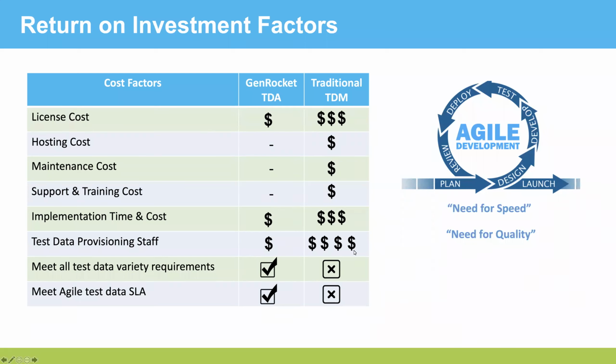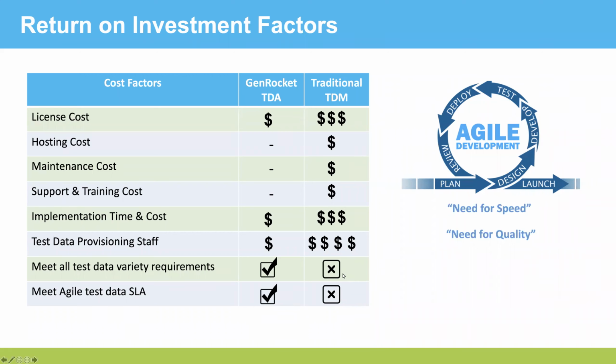And this is the big one, is that because it's a distributed self-service model where developers and testers can design their own data, there's a very small central staff around GenRocket, but a very large central staff for the traditional tool where they're going and hunting in the production data copy, the masked copy, and that's taking quite a while, a long SLA, where GenRocket generally meets the SLA very, very well, but the traditional tool, that's more of a challenge.